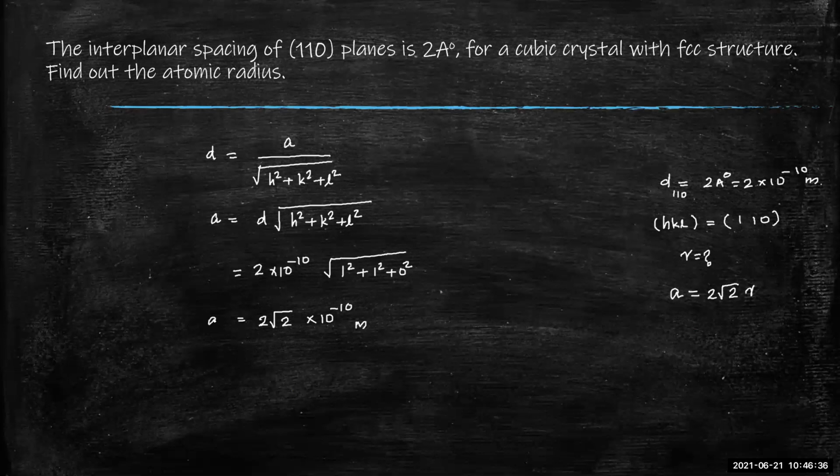This is the expression for A, and A is equal to 2 root 2 into R. So from here R is equal to A divided by 2 root 2, which must be equal to 1 into 10 raised to minus 10 meter. So this is the value of atomic radius.